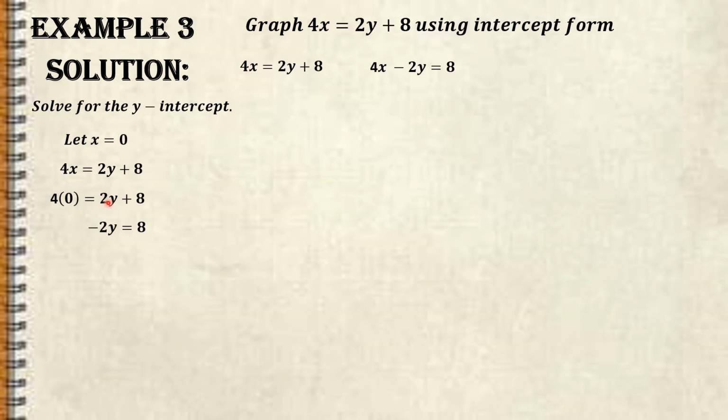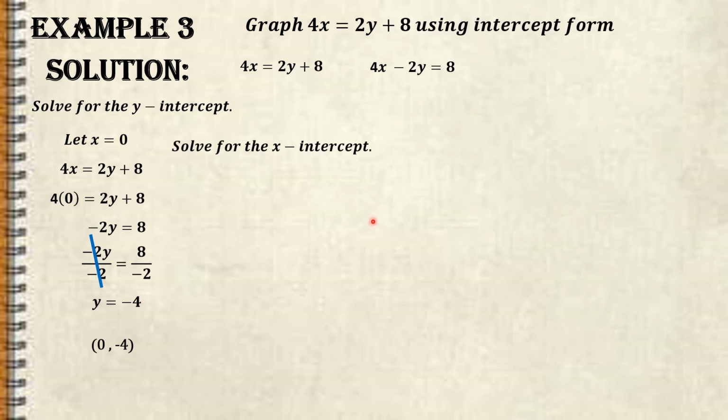So, positive yan, kaya naging negative 2y, which is equal now to positive 8. So, next, divide both sides by negative 2. So, cancel natin yung negative 2. So, y na lang matitira. So, you have positive 8 divided by negative 2. The answer is negative 4. So, you have now x is 0, y is negative 4. So, ang coordinates natin is 0 and negative 4.